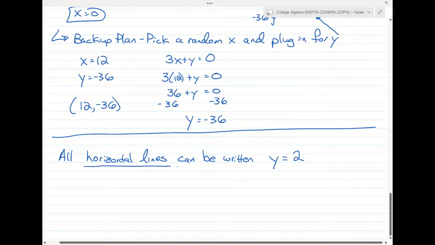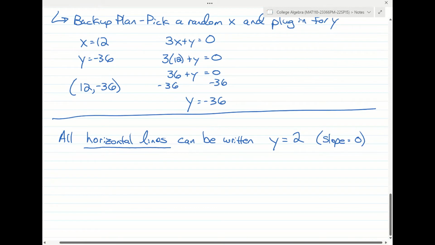It's really important that you remember that. We mix this up all the time. We'll learn about slope in the next section, but the slope of these lines would equal 0. Once we finish class today, you'll understand how it all fits together.